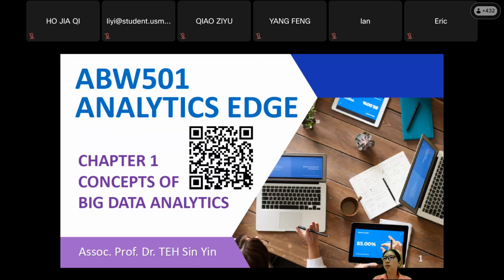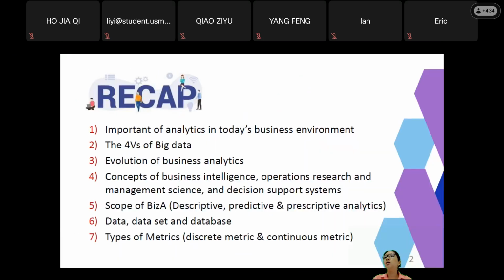Okay, we're sharing my file now. I think you already can see it. So what we are going to discuss is the summary, as I told you earlier. So we are going to discuss the importance of analytics in today's business environment and the 4V of big data, evolutions of business analytics, and concept of BI, operation research OR, and management science MS, and decision support system DSS.